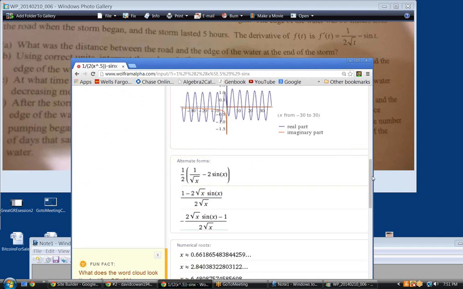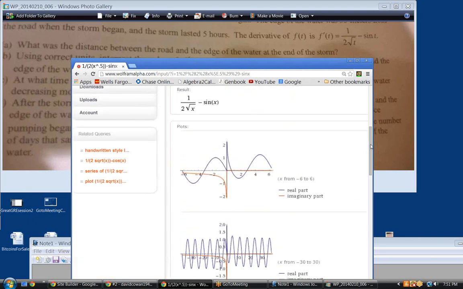Yep. And what else did it say? The minimum for f from 0 to 5 may occur at 0.661, 2.843, or 5. So it used the critical points and then the endpoints of the function, so 0 and 5. And then it looks like she evaluated f of the numbers.